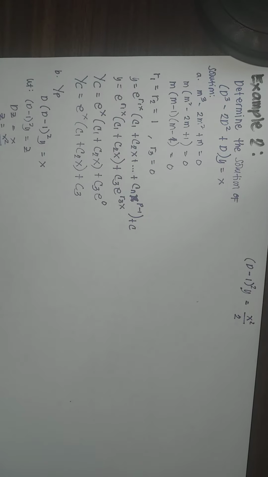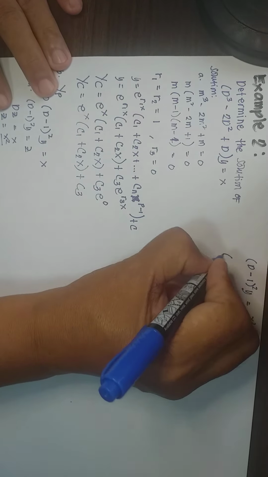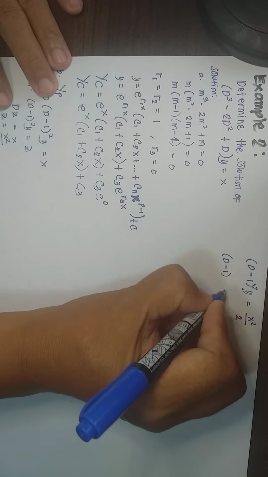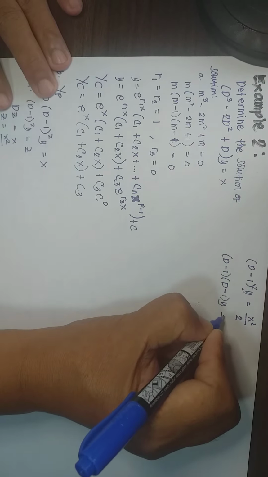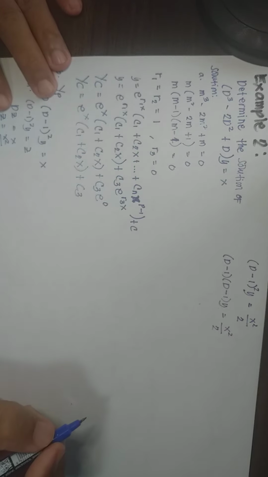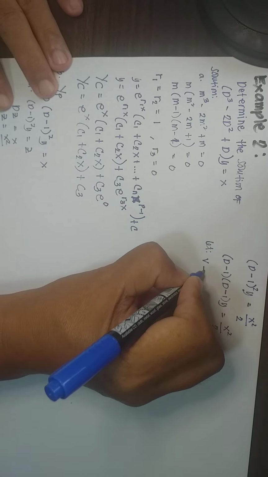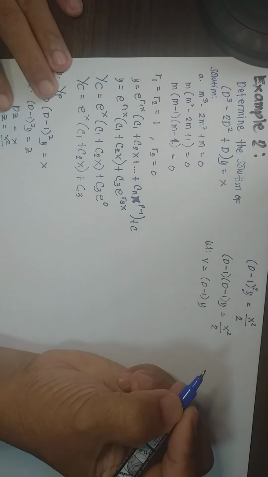Okay? Here we have reduction of order again. D minus 1 times D minus 1 y is equal to x squared over 2. Again, let this time v be equal to D minus 1 y.